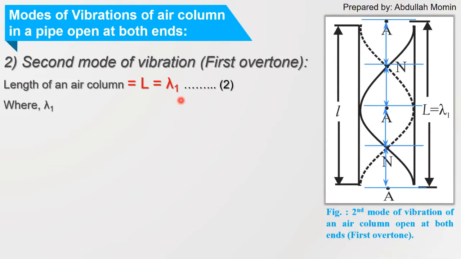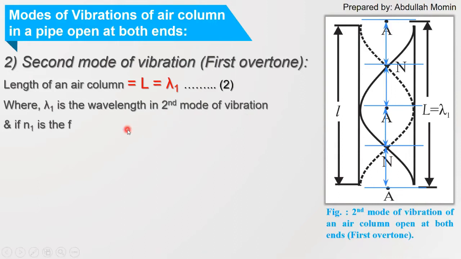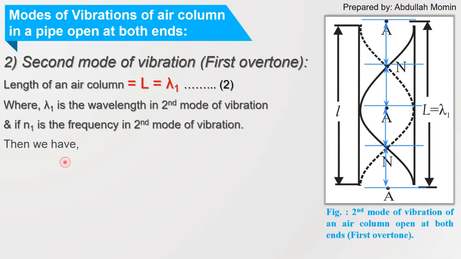Here lambda 1 is the wavelength in the second mode of vibration, and if N1 is the frequency of the second mode of vibration, then we can write the equation of velocity as V equal to N1 into lambda 1.